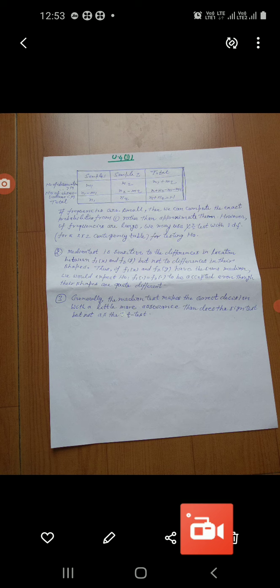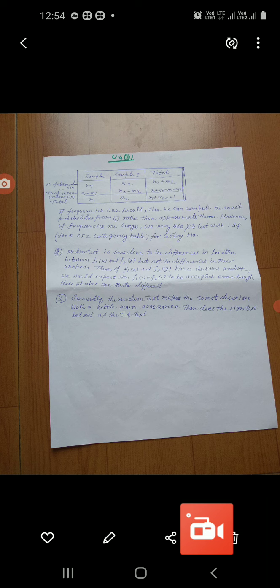Okay, and the number of observations less than capital M, that is the median. In sample 1 it is n1 minus m1, since the total number of observations is n1 and m1 is the number of excess, and in sample 2 we have n2 minus m2, and the total will be n1 plus n2 minus m1 minus m2.